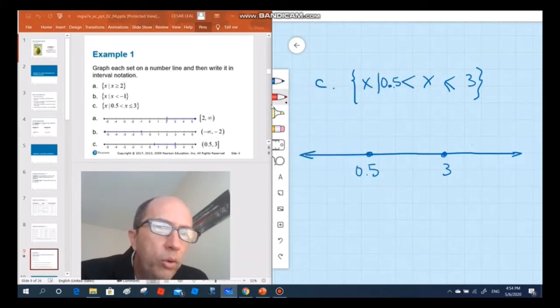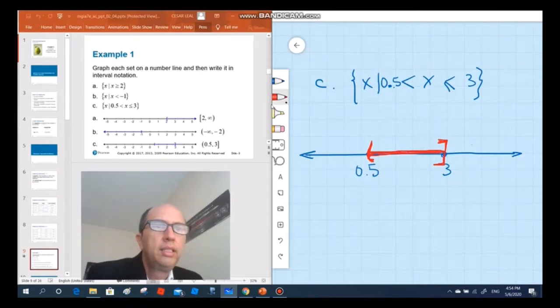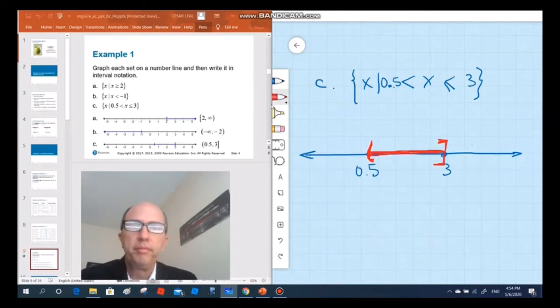Well, no, there's no equal here, right? So it is parentheses. Is 3 included? Yes, brackets. And everything between 0.5 and 3 is the solution, is in this interval.